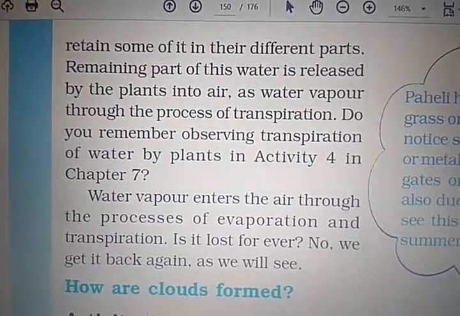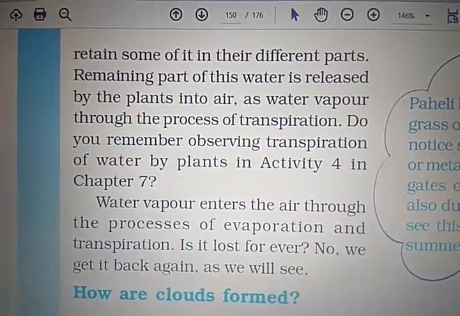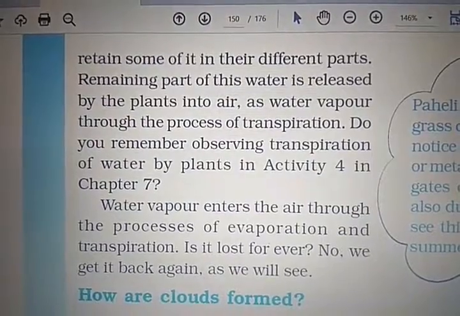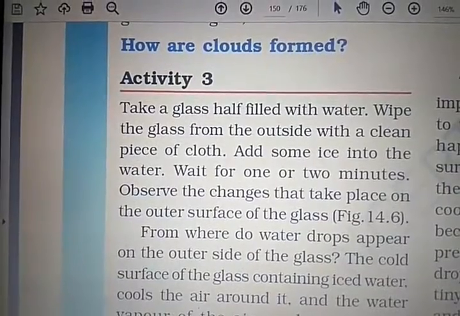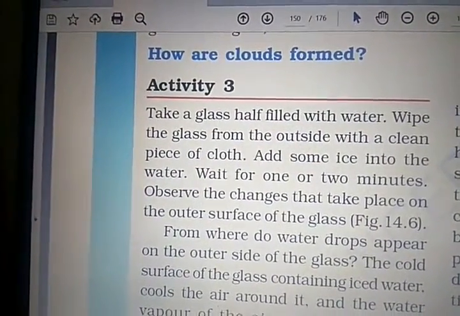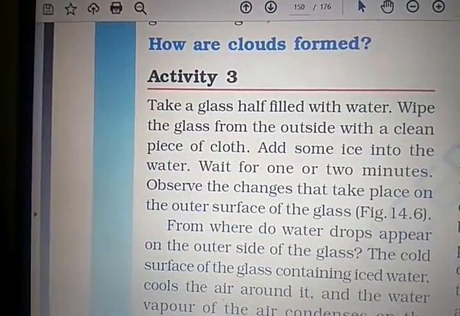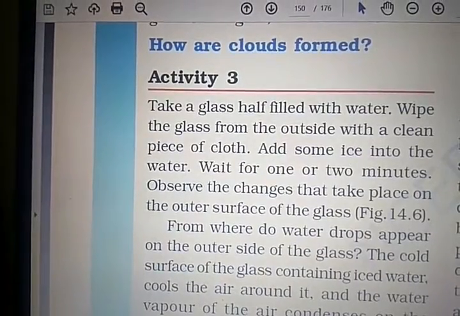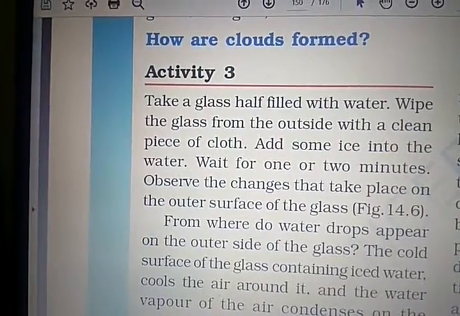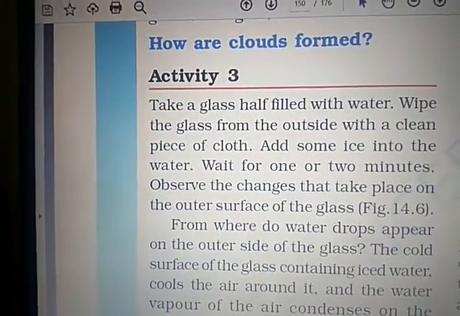Water vapor enters the air through the process of evaporation, right? And transpiration, is it lost forever? No, we get it back again, as we will see. As you know, the rate of transpiration in desert areas is high, where water releases from the plants. The process is very fast in desert areas because of direct sun. While in common areas, where sunlight is there, the rate of transpiration is normal.